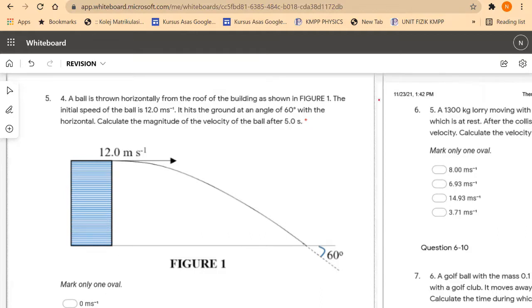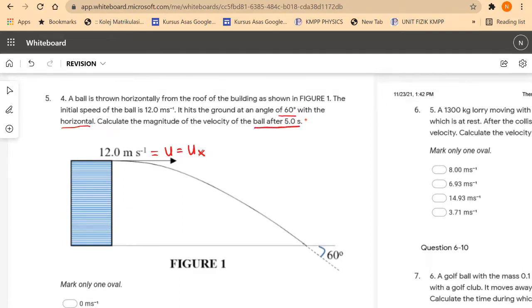So the ball moves horizontally, so that means this is the U, and this one is also the UX. It hits the ground at an angle of 60 degrees with the horizontal. Calculate the magnitude of the velocity of the ball after 5 seconds.